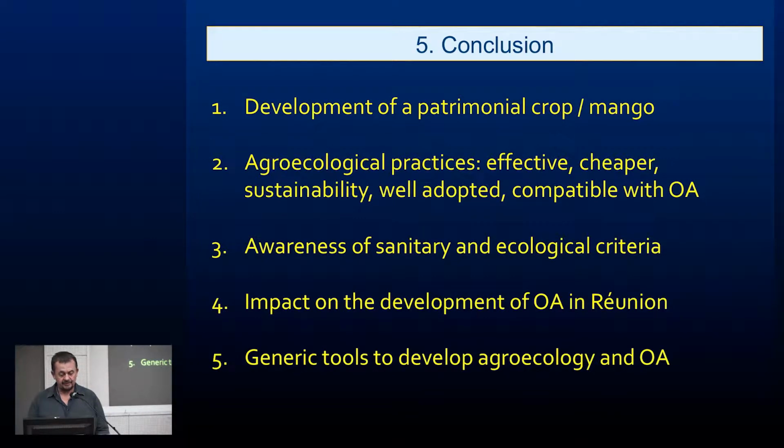And in conclusion of this part, I would like to stress that we have now tools to develop the crop of mango. The production is not enough if you compare it to the demand. So with this approach, it's possible to increase the production of mango in Réunion Island without increasing the amounts of chemicals.